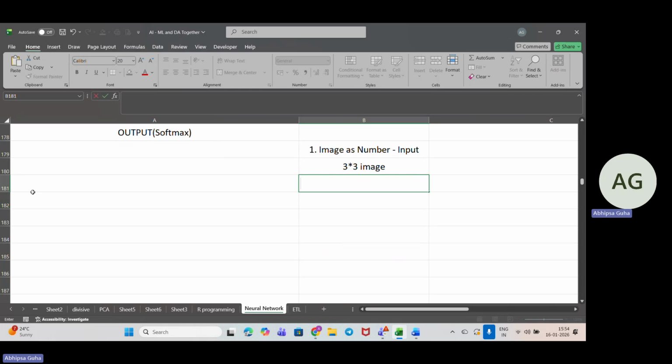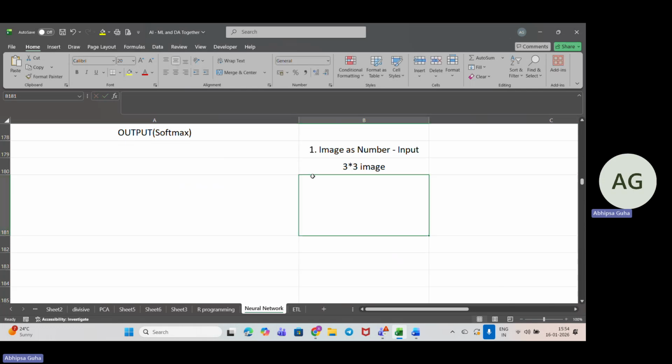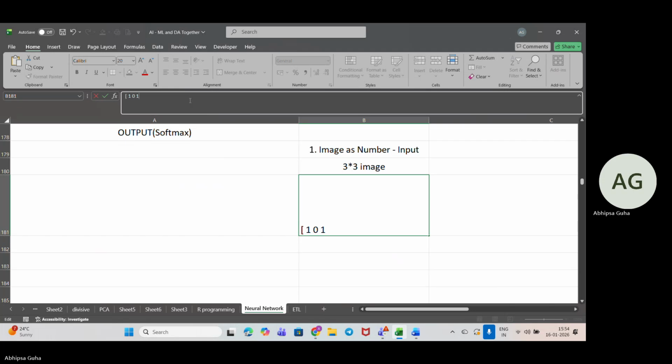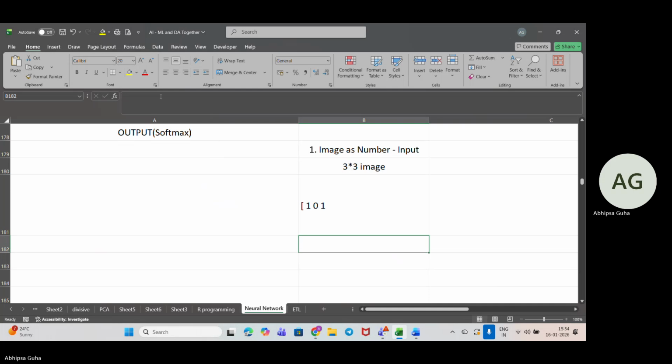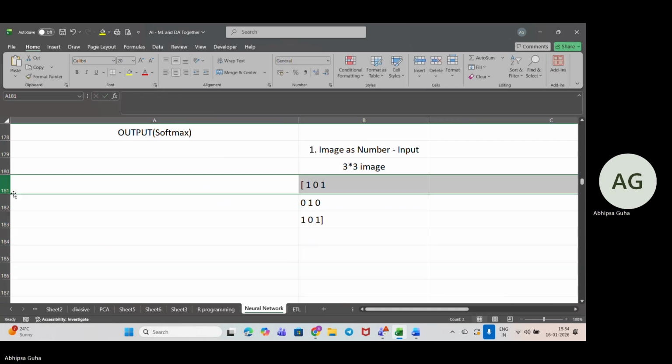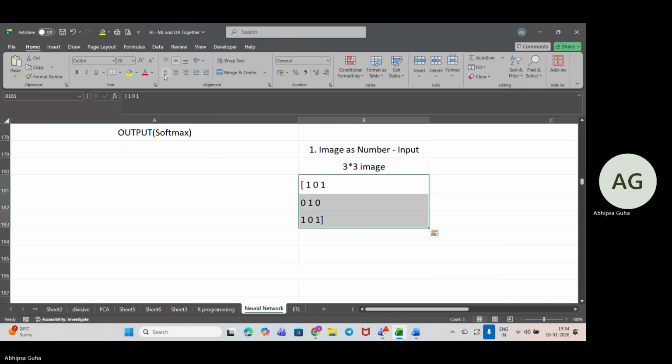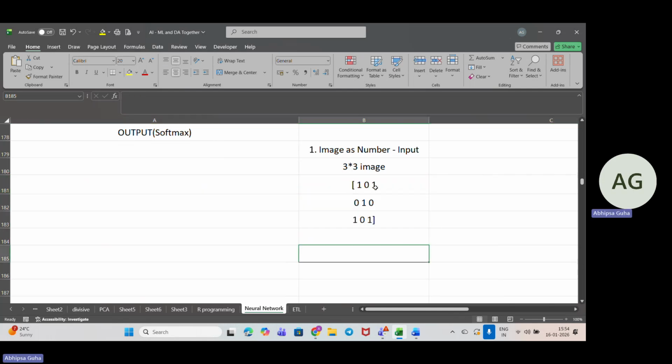Okay, like that only we have to take 0, 1, 0, and then finally 1, 0, 1 again. Okay. So this is my matrix. This is how my matrix is coming.